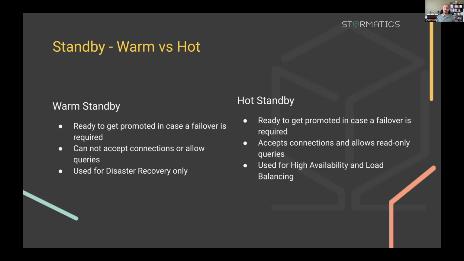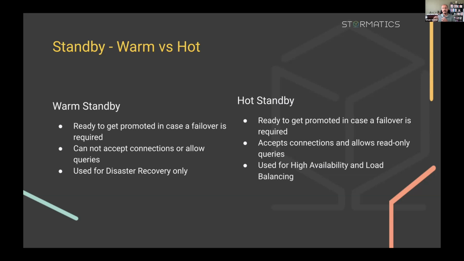But we've had customers who want to have a hot standby in the same region or in the same availability zone as their primary, but they also want a warm standby in a different region, in a different data center or something that is farther away, that does not interfere with the routine operations of the primary database, is just sitting there quietly and receiving those log files without doing anything else.